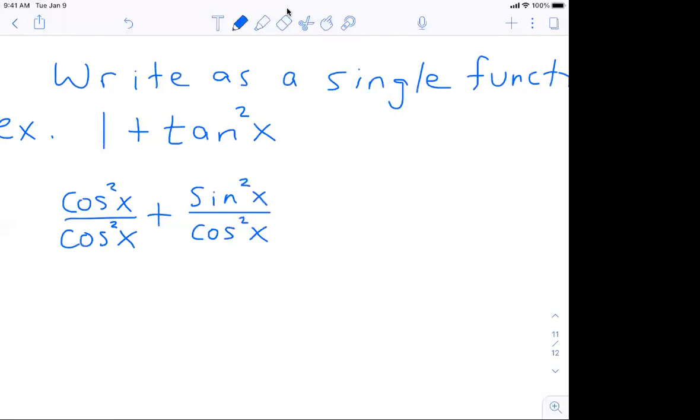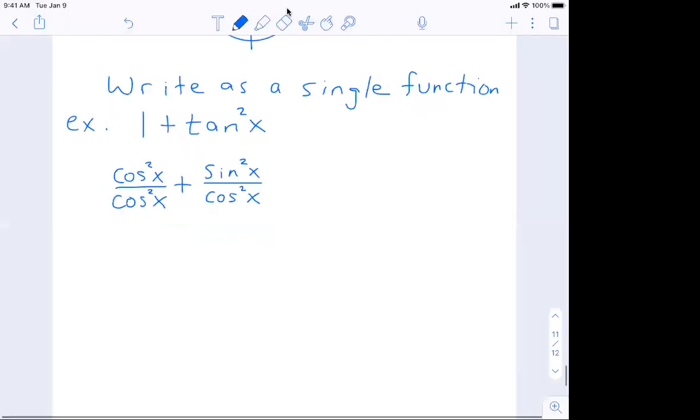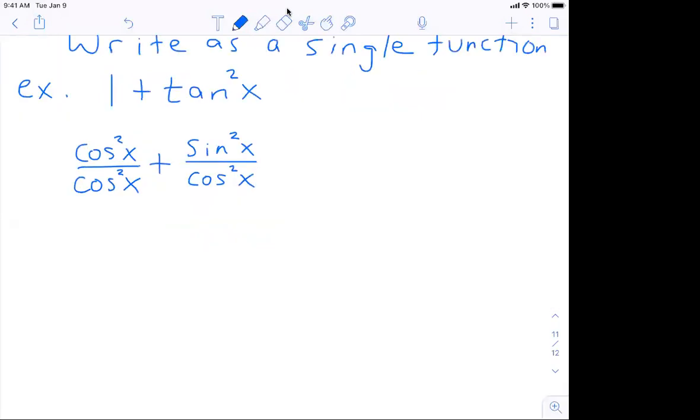I can always make it something over itself. So the reason we have a common denominator is so that I could write cosine squared x, combining the numerators, plus sine squared x over cosine squared x.